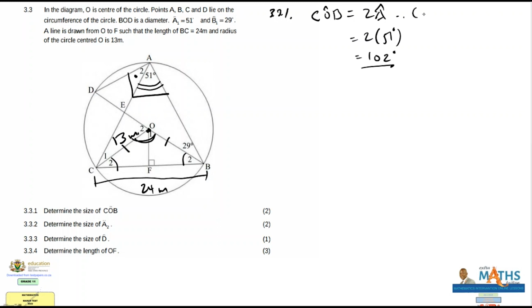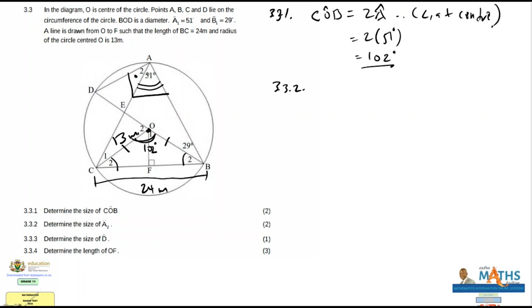Don't forget your reason: angle at center. Then 3.3.2. Determine the size of A2. Don't forget your 102.